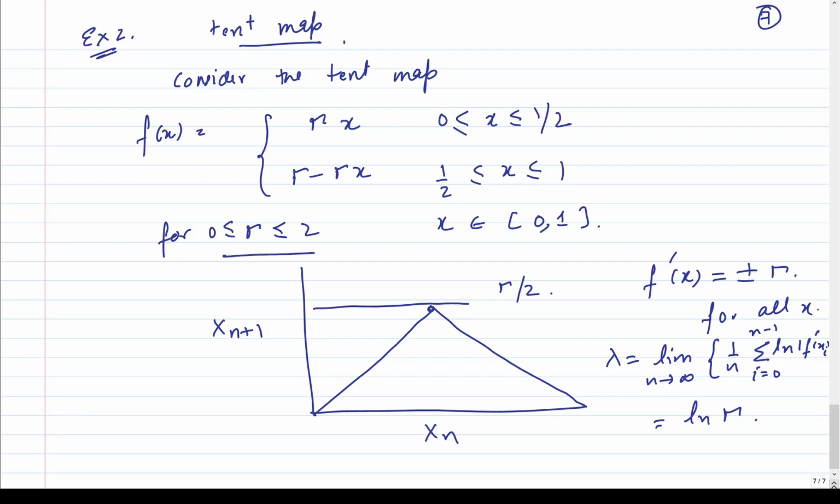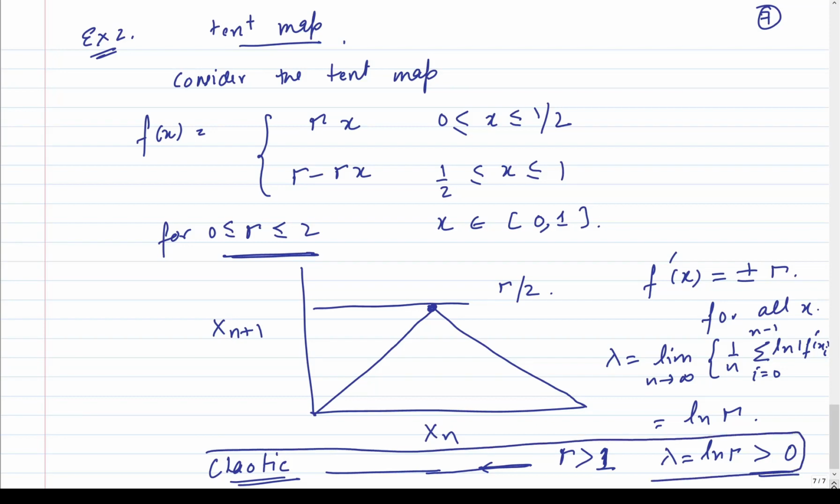So for parameter values r greater than 1, lambda is greater than 0, and this map is going to be chaotic. So depending upon the shape of the tent map, if the tent map becomes narrow, that leads to the map getting chaotic. So this would be the condition for chaos.